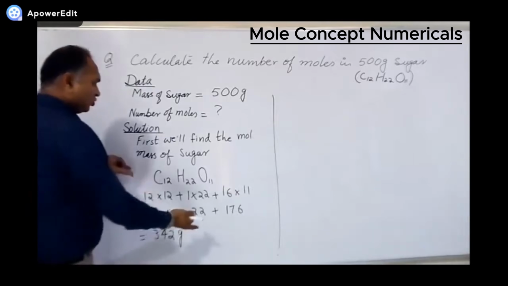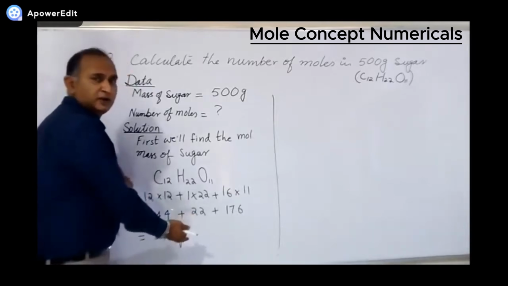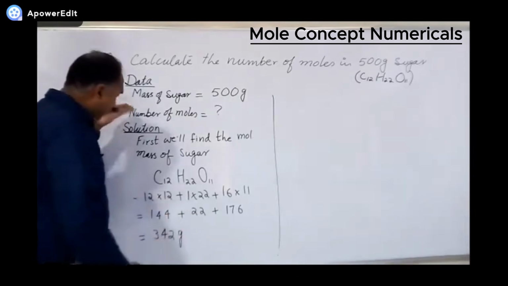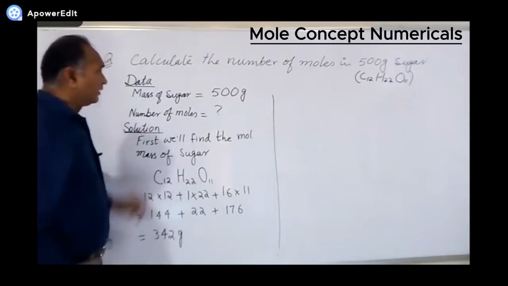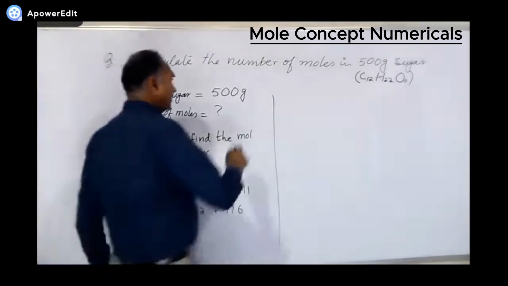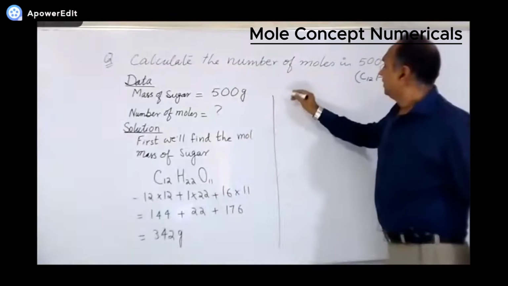You can also show this in the rough work, but it is better to show it under the heading of solution. Okay? Now you can find the number of moles.